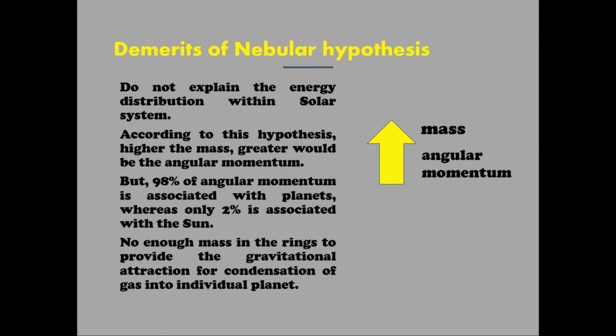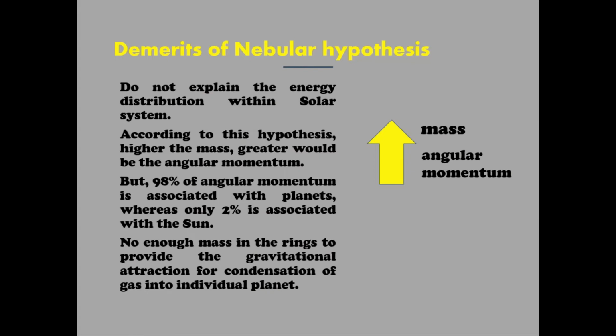However, this Nebular Hypothesis has some disadvantages, such as it does not explain the energy distribution within the solar system. According to this hypothesis, if the mass is high, there should be a high angular momentum, but 98% of angular momentum is associated with planets, whereas only 2% is associated with the Sun.